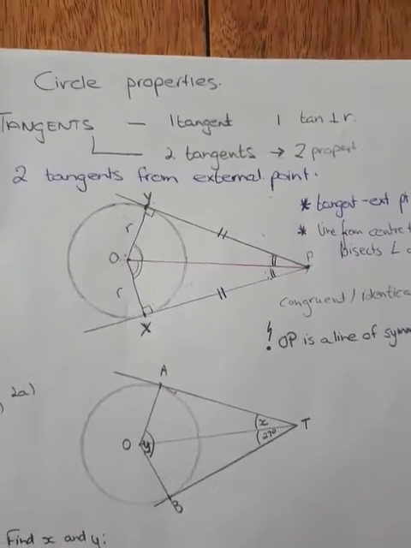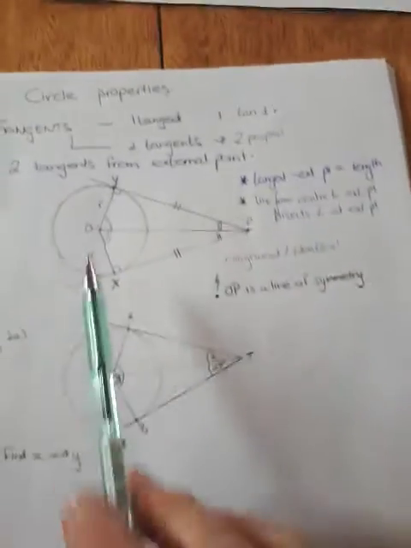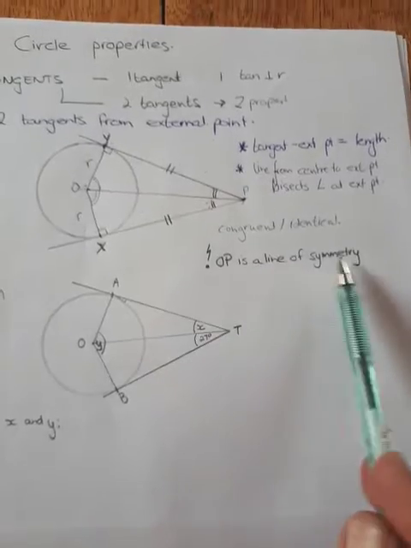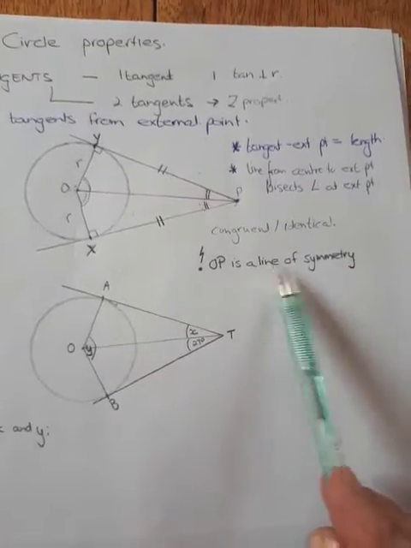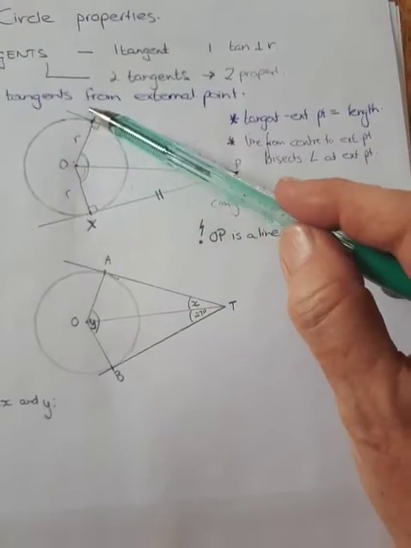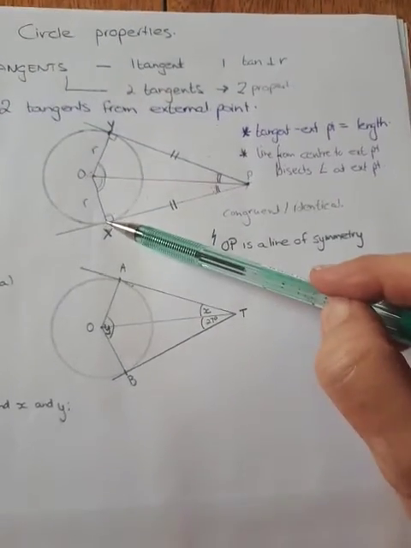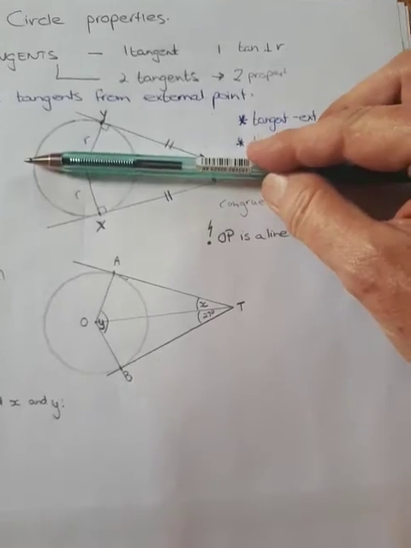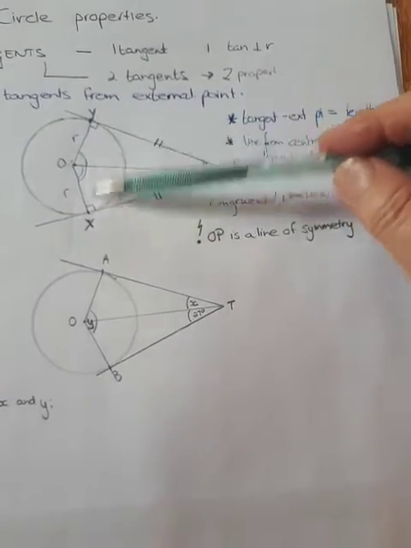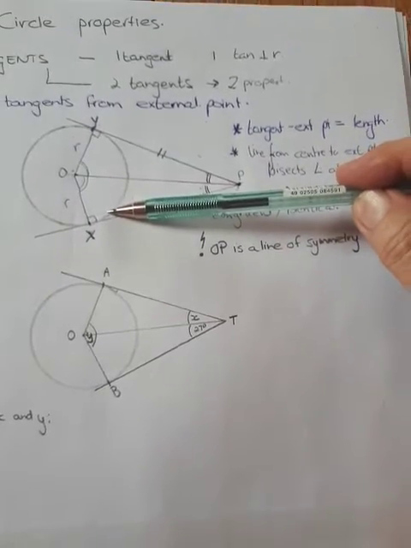Importantly, what you must realize is that line OP is a line of symmetry. A line of symmetry divides this figure OYPX, this kite, into two equal triangles.